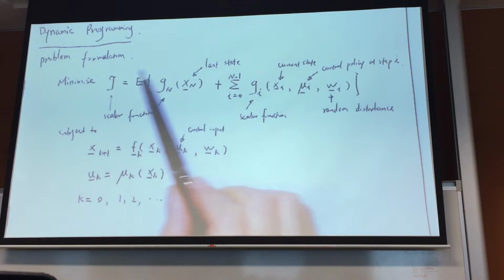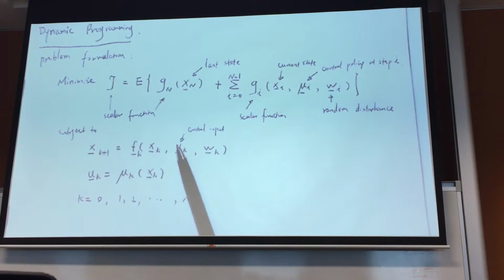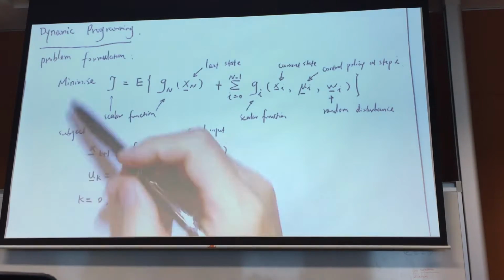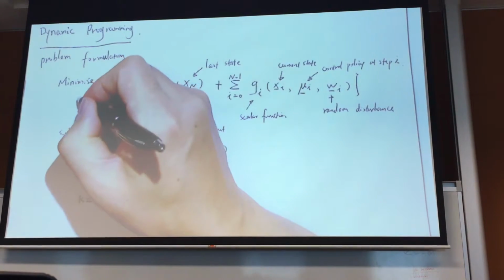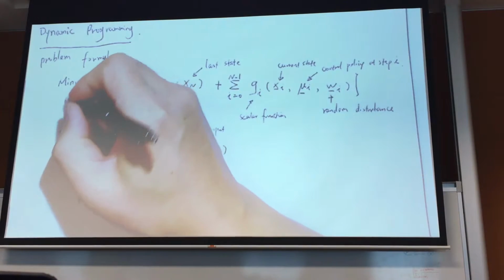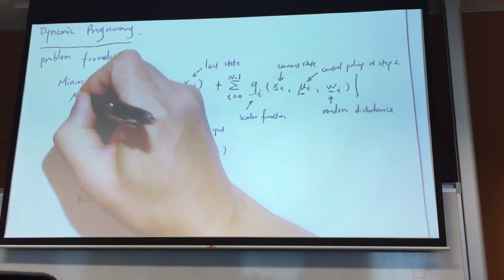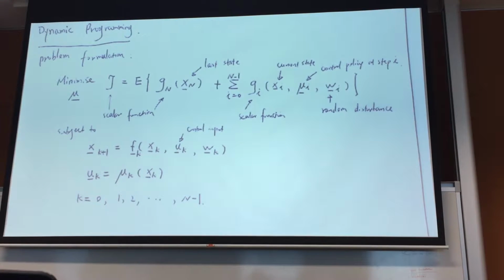So we define the cost function, we define the dynamics of the system, and this one defines the control input. So we want to optimize this function in terms of the control policy, because the control policy will determine the control input.